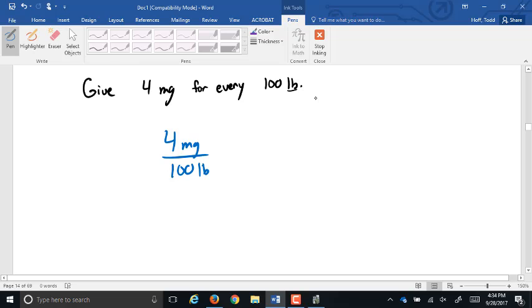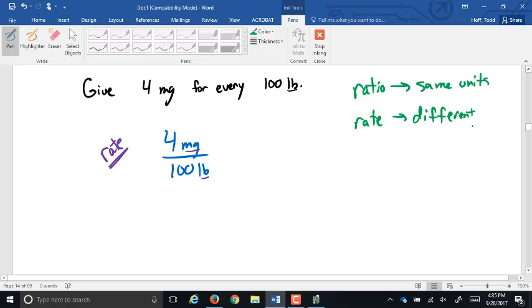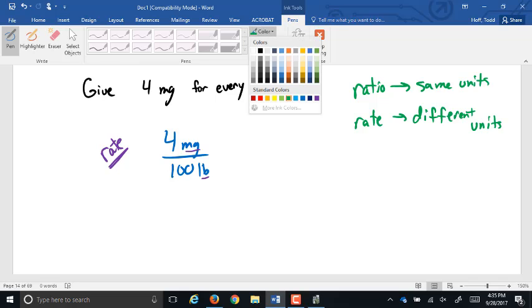First of all, is that a ratio or a rate? Careful. It's a rate. A ratio, the units have to be the same. If the units are different, it is a rate. A ratio, same units. A rate can have different units. So since this is milligrams and pounds, it has to be a rate.